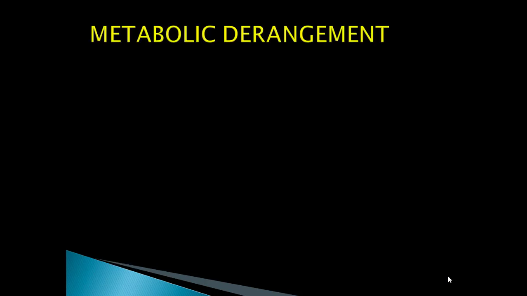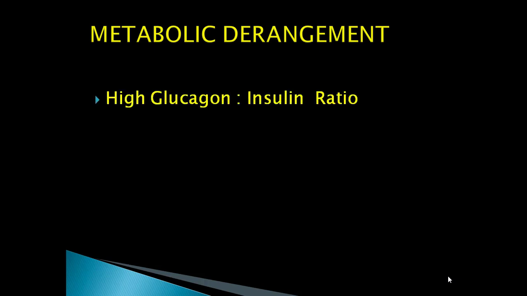So, what contributes to the metabolic derangement in diabetes? It is the high glucagon to insulin ratio, which is the culprit for all the derangements observed in diabetes mellitus.